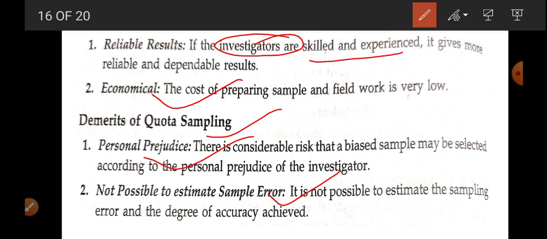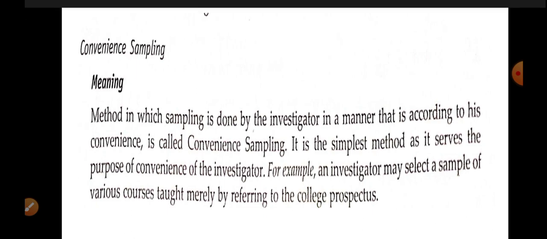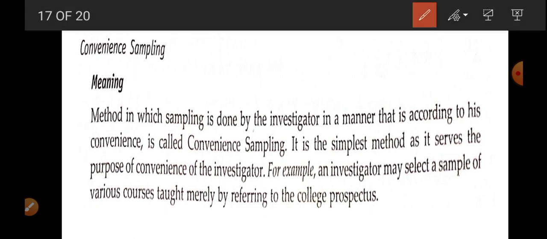Sampling error: there is less possibility or no possibility of sampling error. Now convenience sampling: actually this is the method of sample selection that is basically used by the majority of people. Here, who is going to be selected depends totally upon the convenience of the investigator. It is the method in which sampling is done by the investigator in a manner according to his convenience.